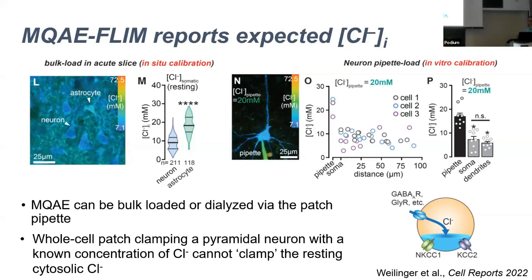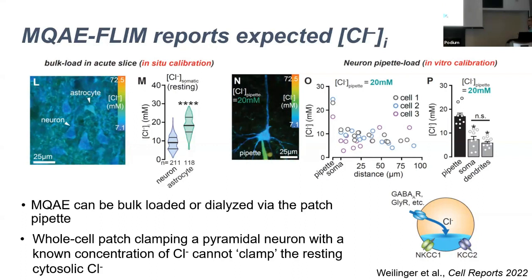And so if we want to take a more specific or closer look at what's going on in the dendrites, what I tried to do is patch fill nerve cells with MQAE at 20 millimole, which is higher. This is closer to what we're measuring in the astrocytes. And first thing, we can actually measure the chloride concentrations in the dendrites, which is great.